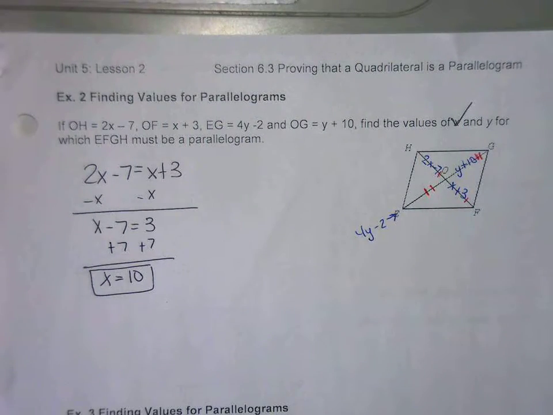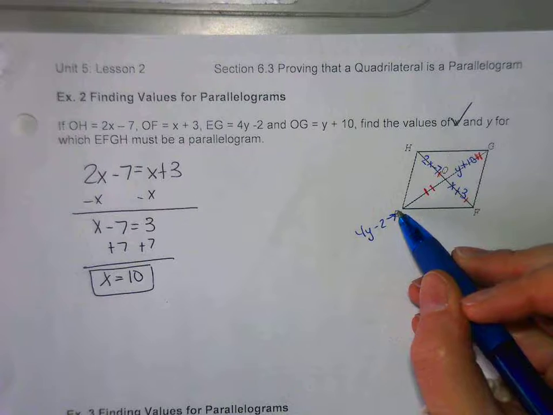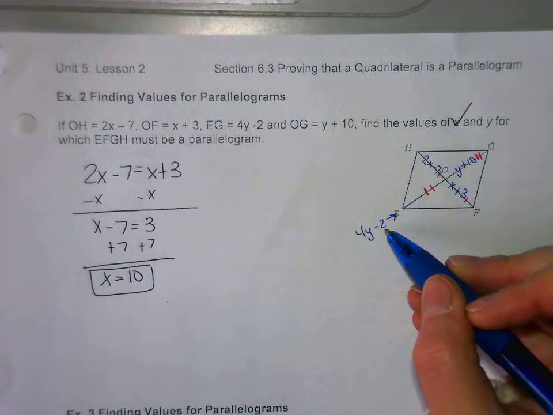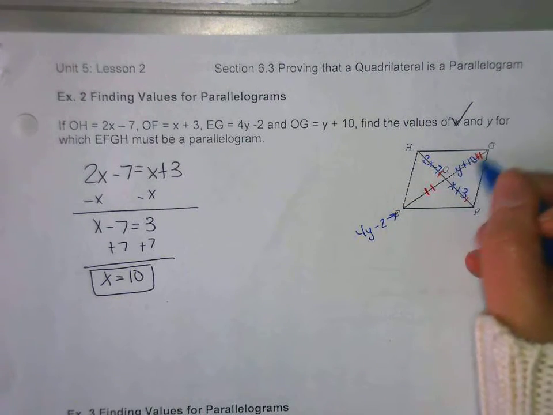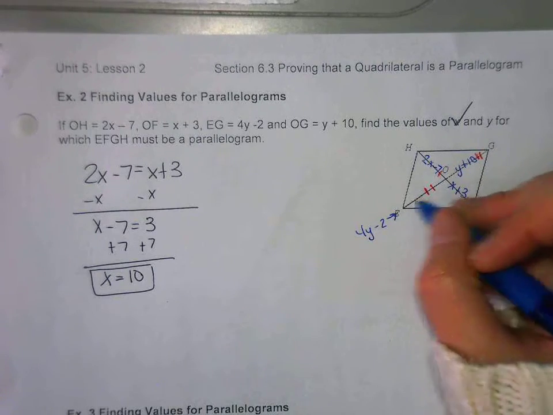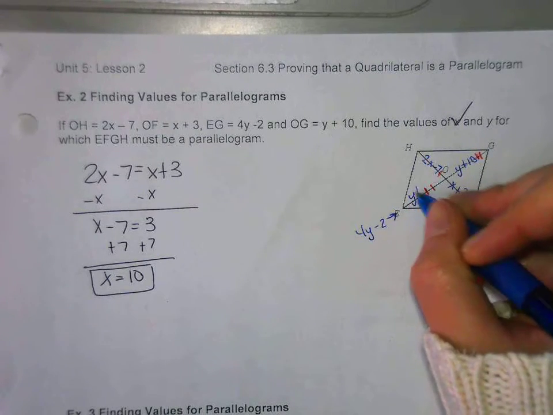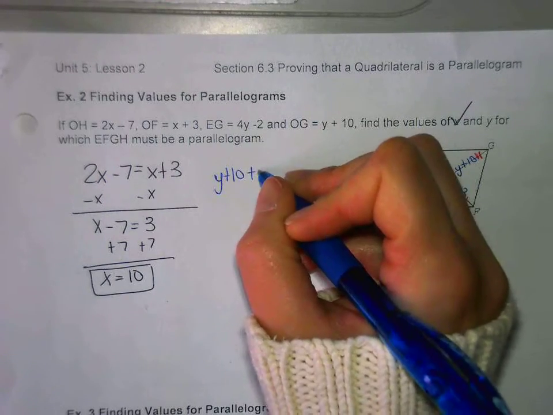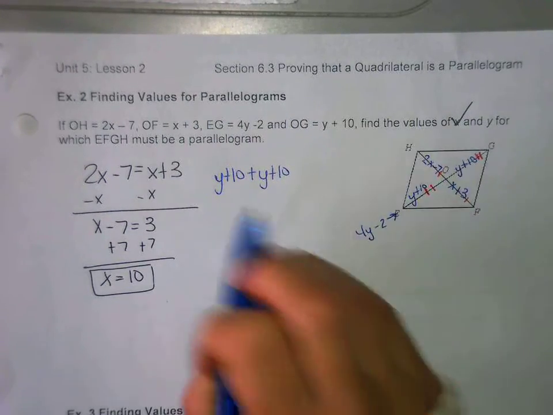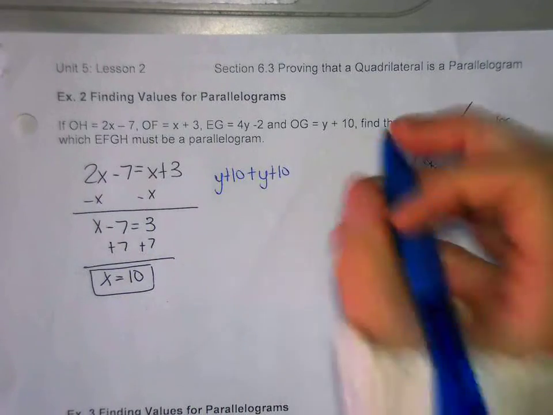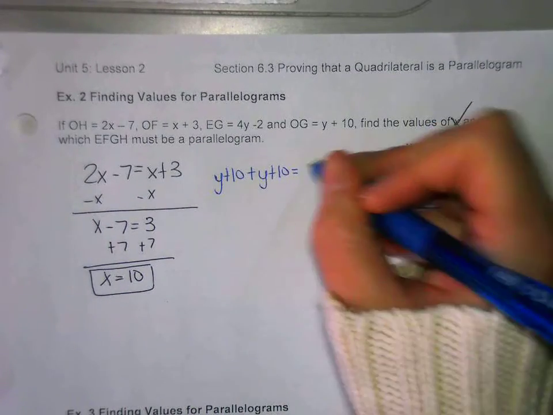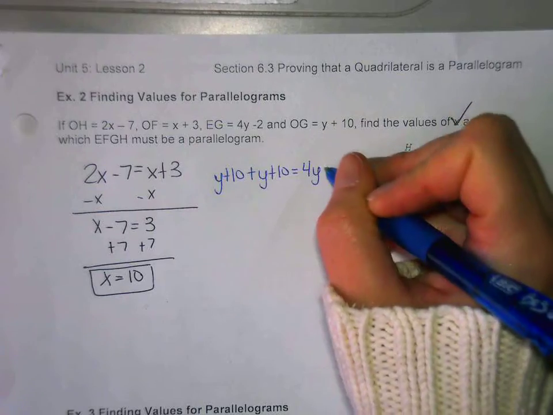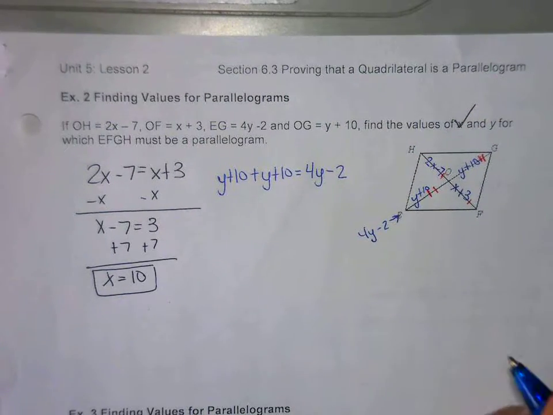Now we need to find the value of y. I know the whole diagonal is 4y minus 2. If OG is y plus 10 and this is congruent, that means EO is also y plus 10. If I add both of those segments of my diagonal together, they equal the whole length, which is 4y minus 2.